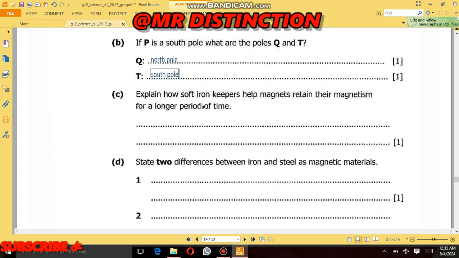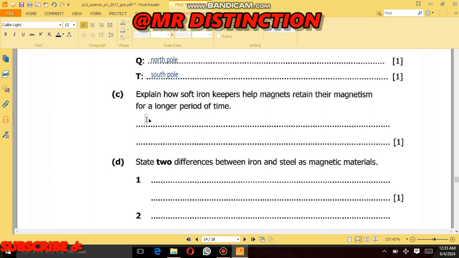Hence, these soft iron keepers help magnets retain their magnetism for a longer period of time by preventing the spreading of magnetic fields.